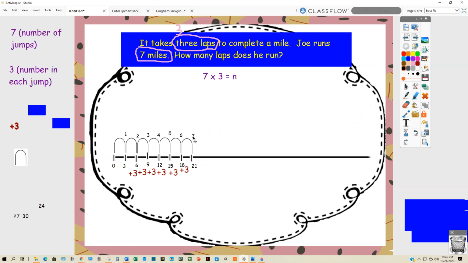And 7 jumps to here. And that gives me 21.